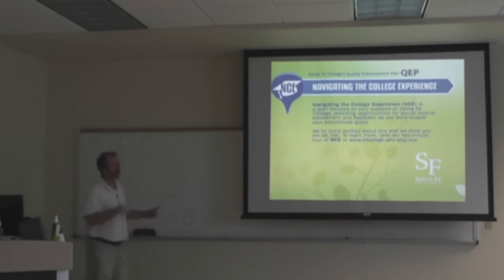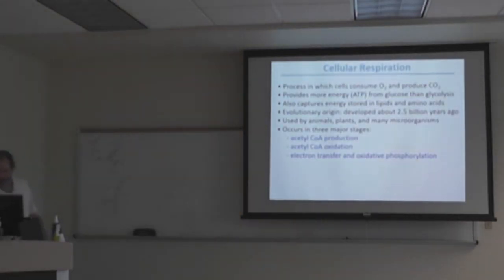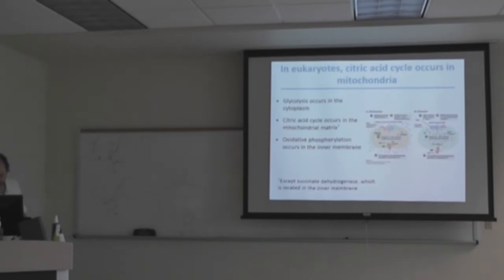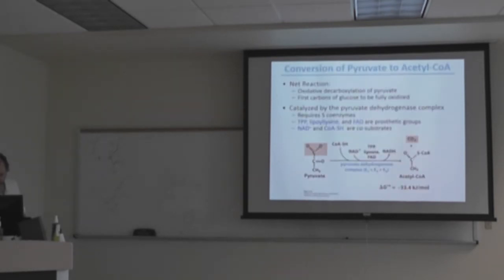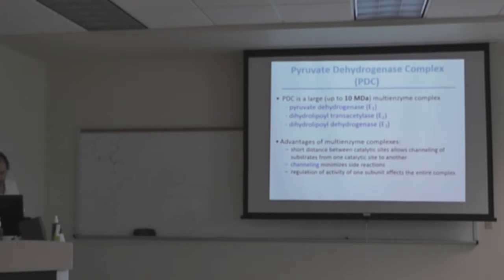And then the next enzyme is the what? The dihydrolipoyl transacetylase. So we have CoA-SH. These electrons can come and attack this carbonyl, leaving these electrons to pick up a hydrogen ion.